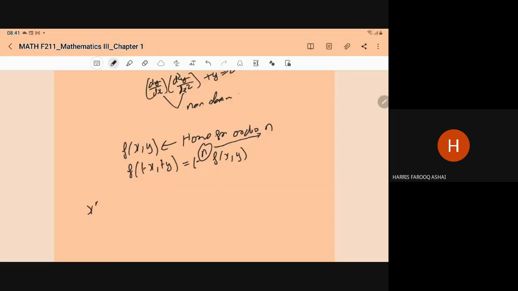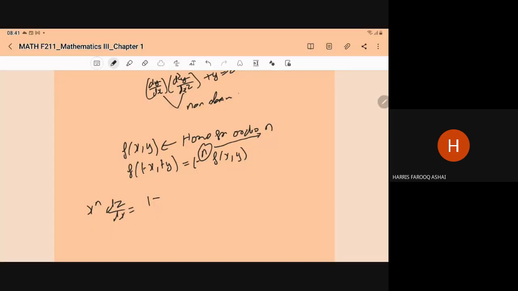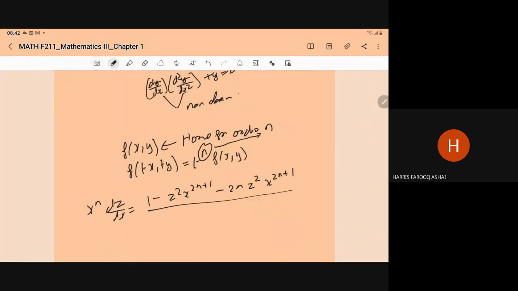So here we have x to power n dz by dx is equal to 1 minus z square plus x z square into x to power 2n, that is 1 minus z square x to power 2n plus 1 minus 2n z square x to power 2n plus 1, upon 2x to power n plus 2 into z.